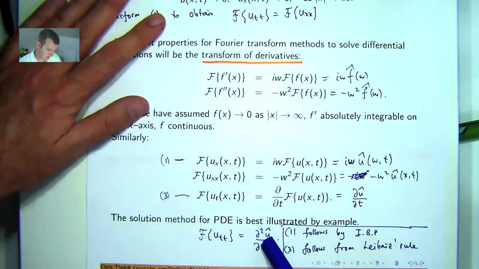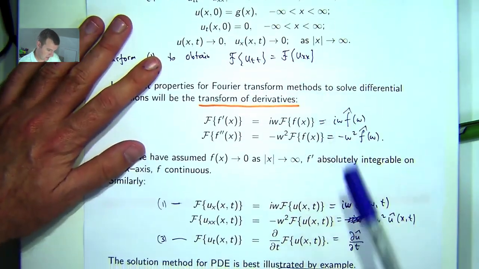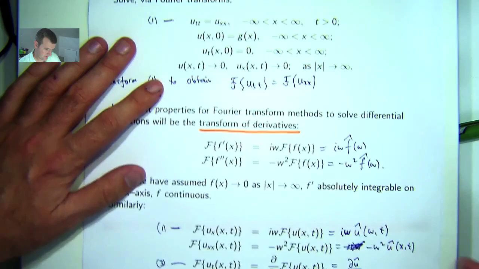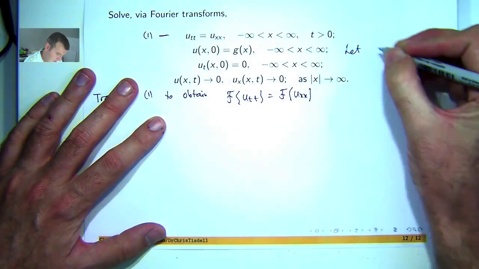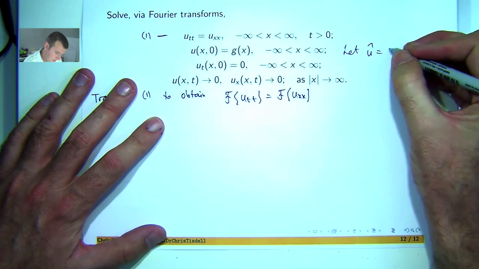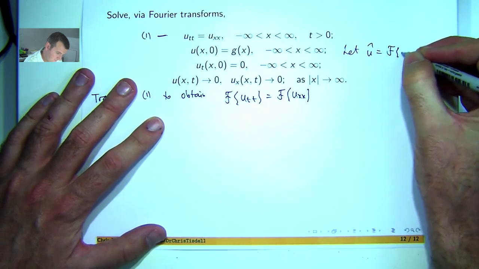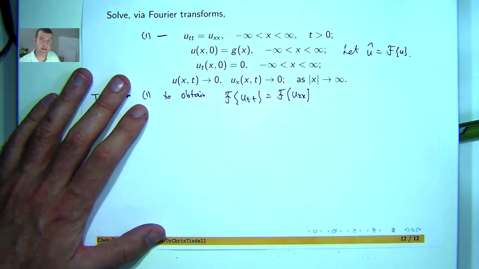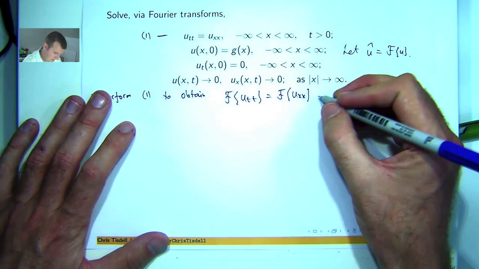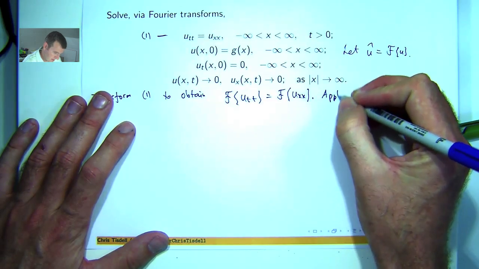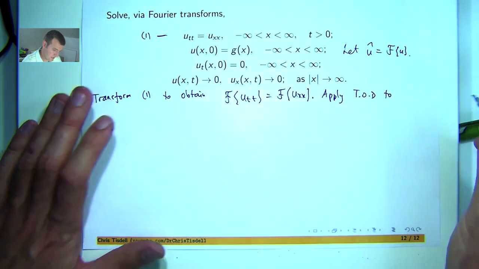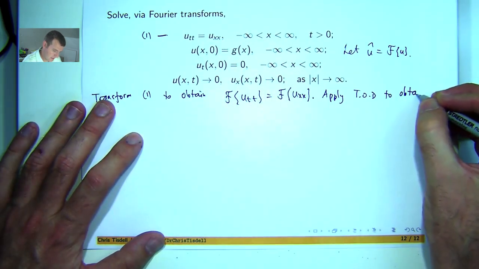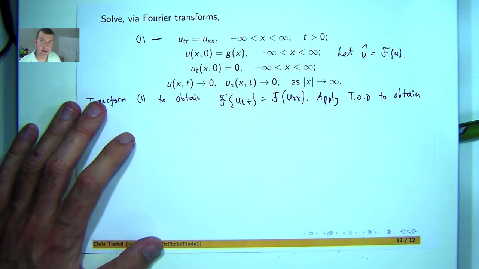So that's going to be on the left-hand side. And over here, I'm going to get this. Okay, so throughout, let u hat be the transform of u with respect to x. So let's apply transform of derivatives, TOD, to obtain the following.